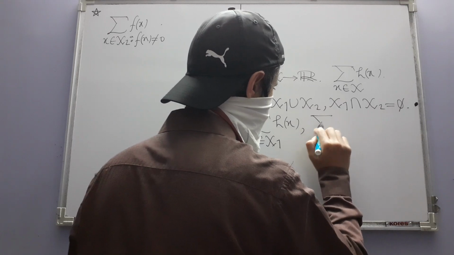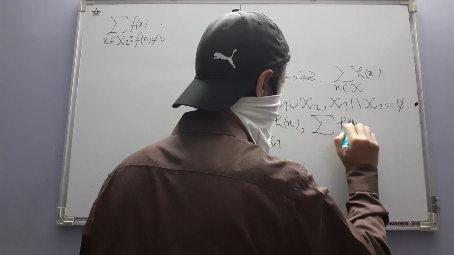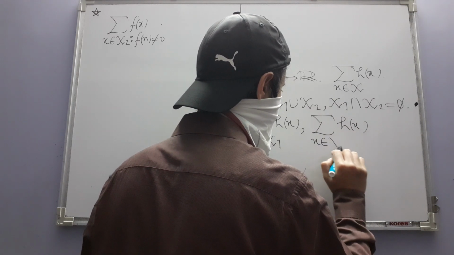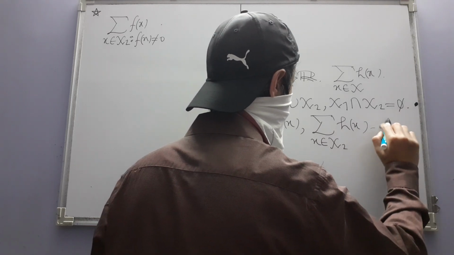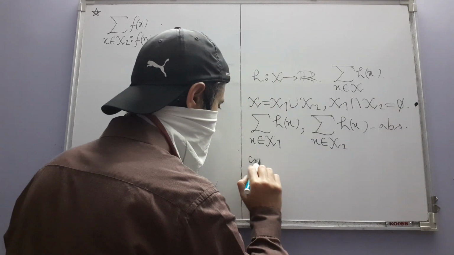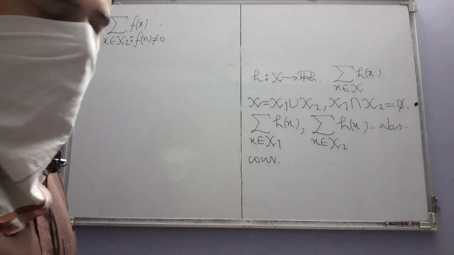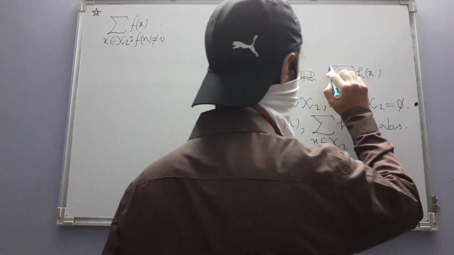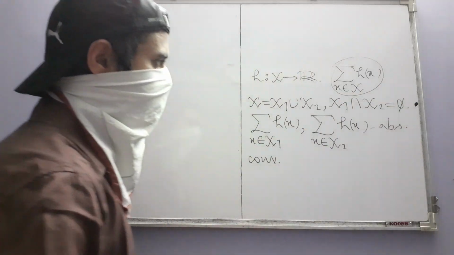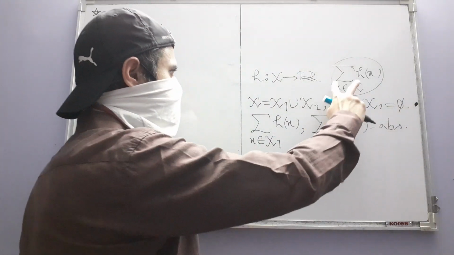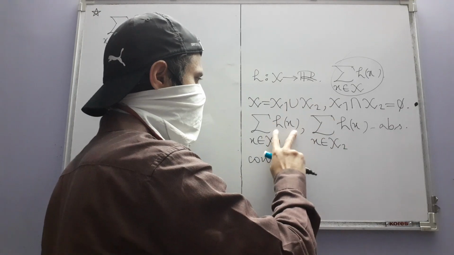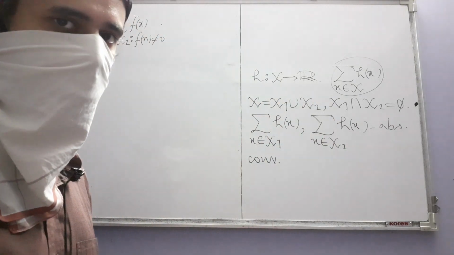This and this are absolutely convergent. That is given. Then we have to prove that this is absolutely convergent and the sum of this is equal to the sum of this plus the sum of this.